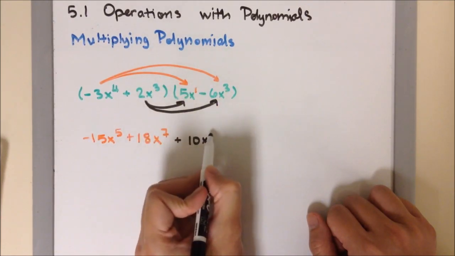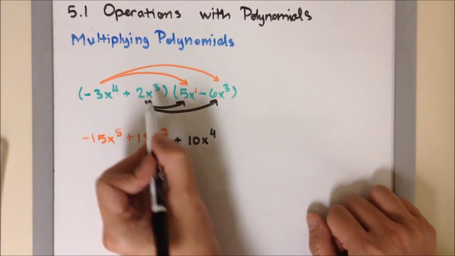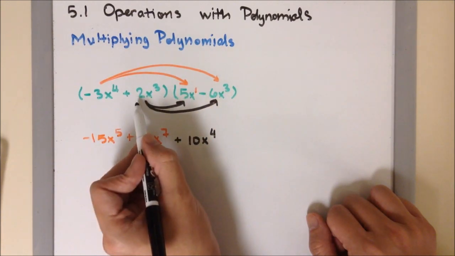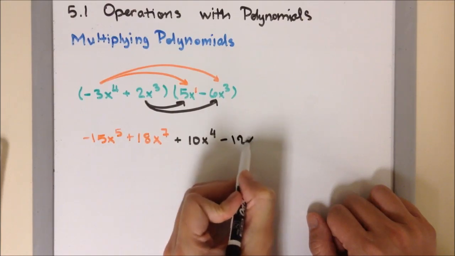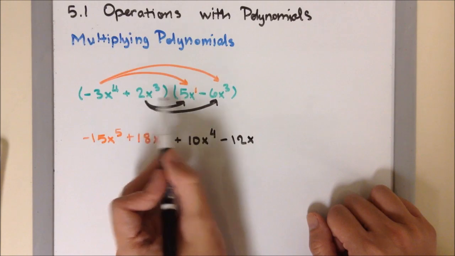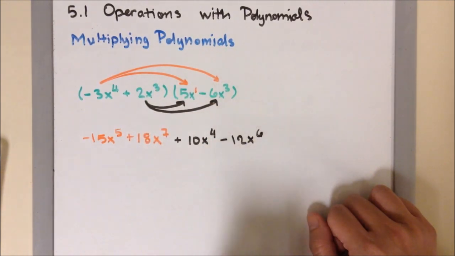I'm going to add the exponent, so it's x to the fourth. Now 2x to the third times negative 6x to the third, my coefficient will multiply. 2 times negative 6 will be negative 12. What about x? Because x to the third times x to the third, same base, I'm going to add the exponent, so it will be negative 12x to the 6th power.